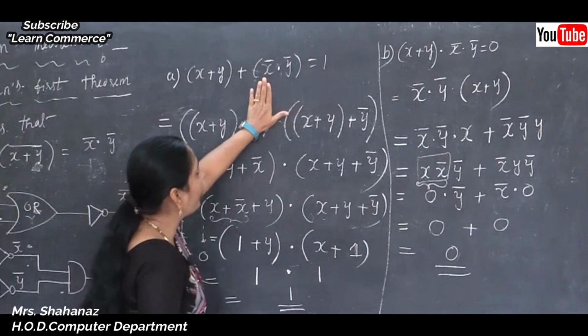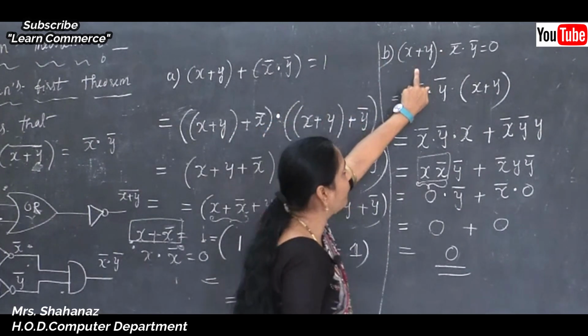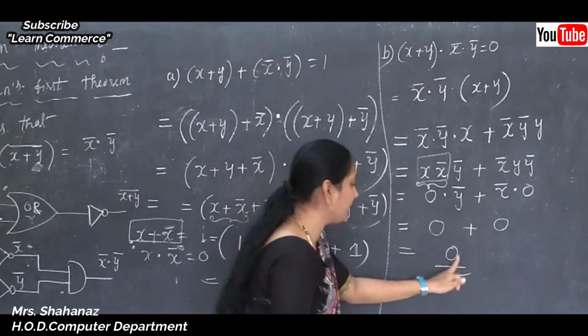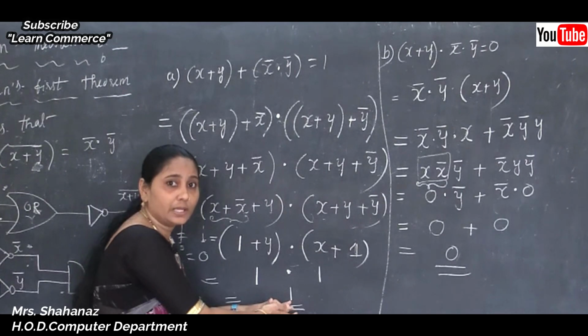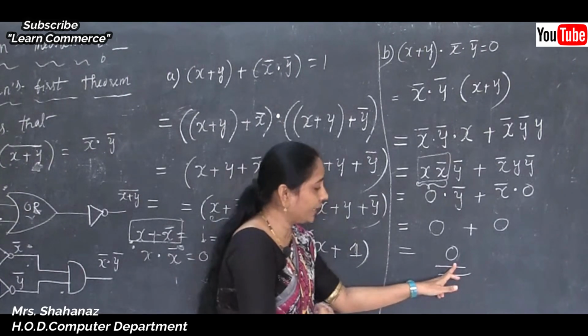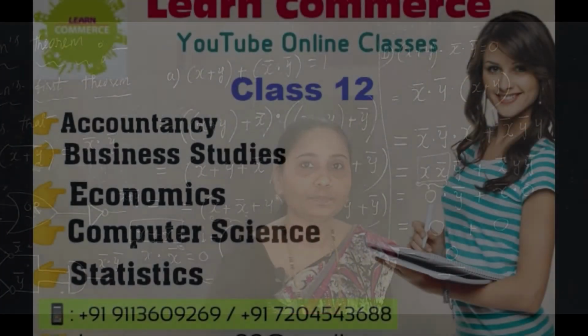That means while proving, the first option should give the result 1, and the second should give the result 0. We know that in the first option we got the result 1, and in the second option the result is 0. Thank you.